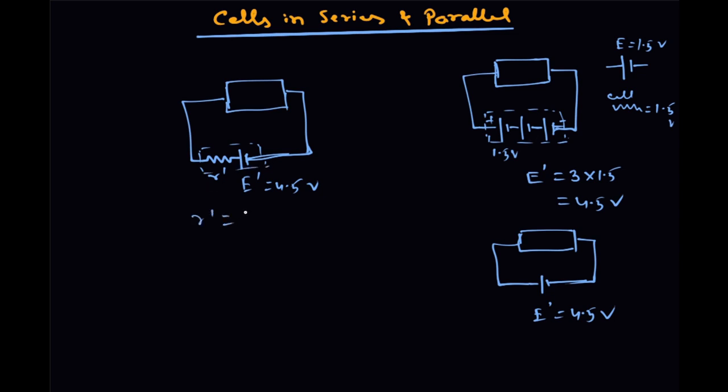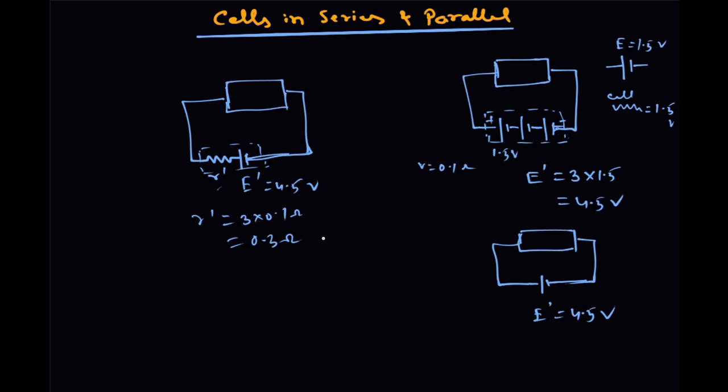This R dash is equal to how much? If there are 3 cells, that is equal to 3 into R. Suppose R is equal to 0.1 ohm, so R dash will be 3 into 0.1 ohm, that is equal to 0.3 ohm.